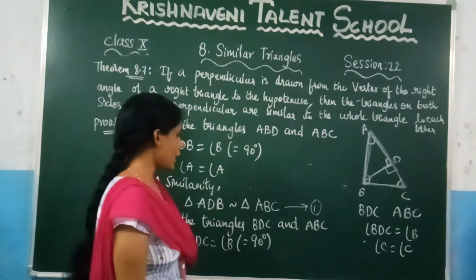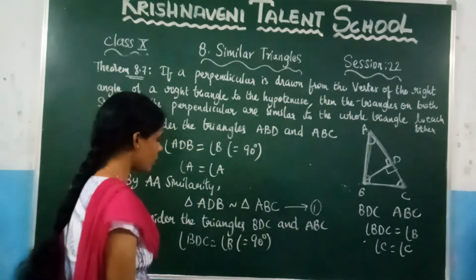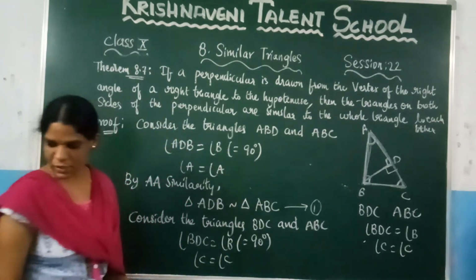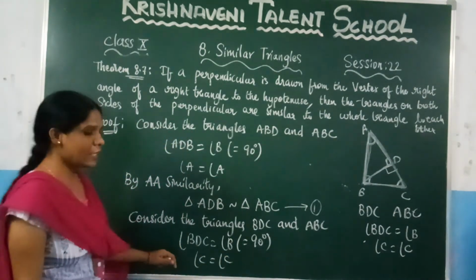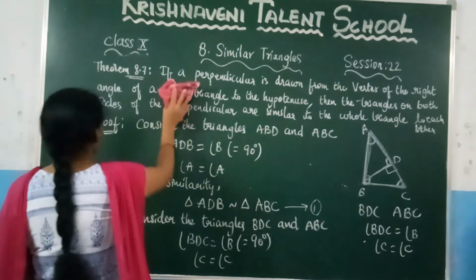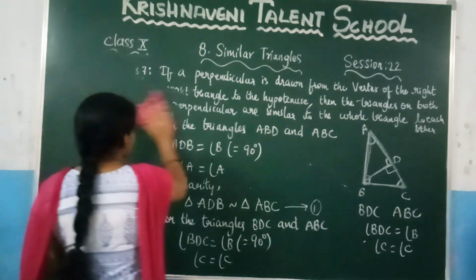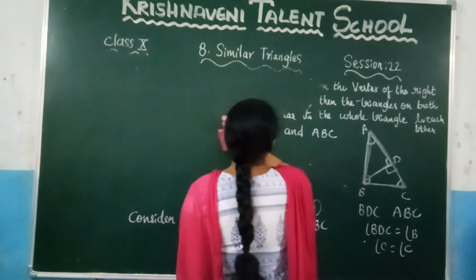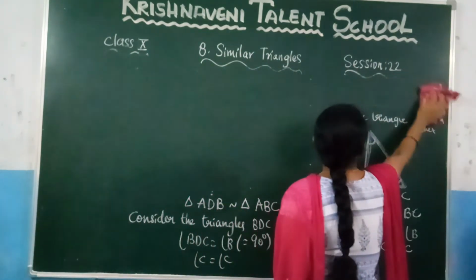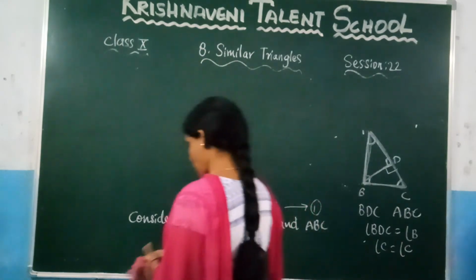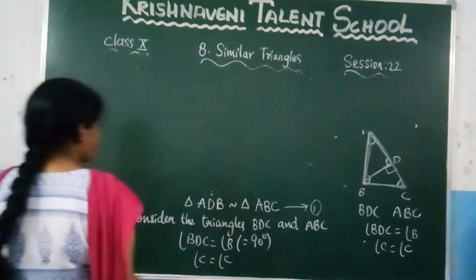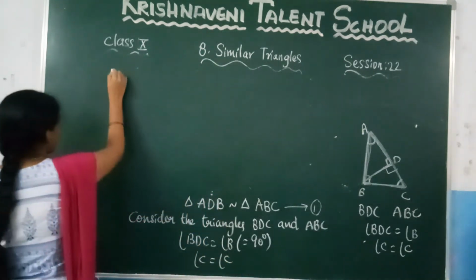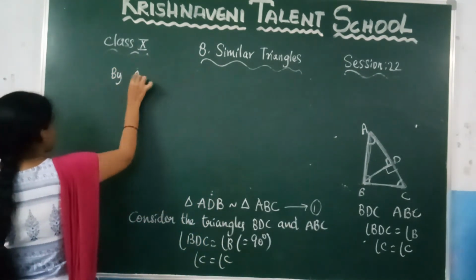And what is the common angle here? Angle C is the common angle. So write it here, angle C is equal to angle C. Now you can apply here angle similarity. So you can write it here by angle similarity.